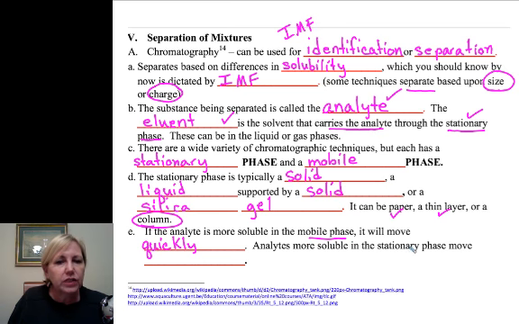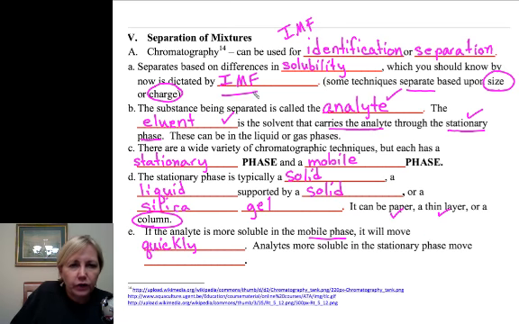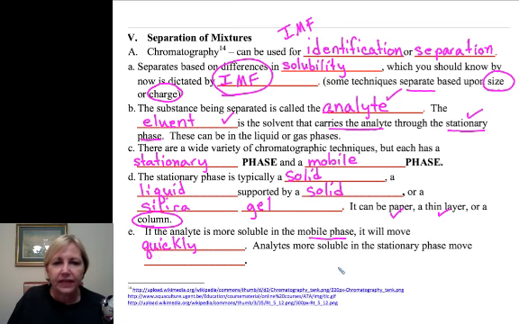So you collect them as they come off the end of the column, or as they move closer to the top of a thin layer, and you can visualize it because they separate, moving fast or slow depending on their solubility and their intermolecular force attractions to that solvent. Analytes that are more soluble in the stationary phase or adhere more to it tend to move more slowly. So based on that movement, we can separate.